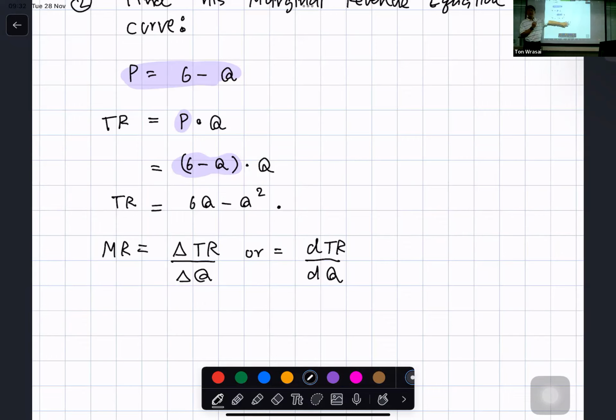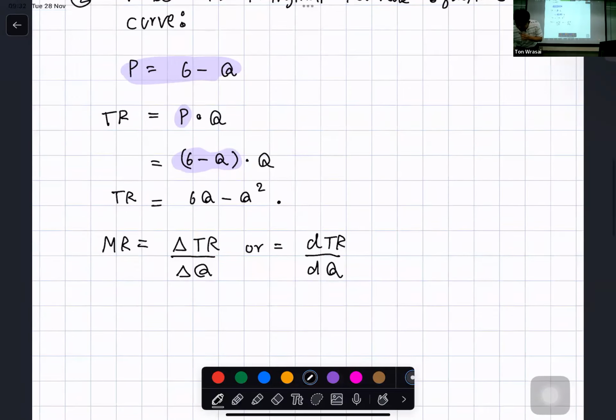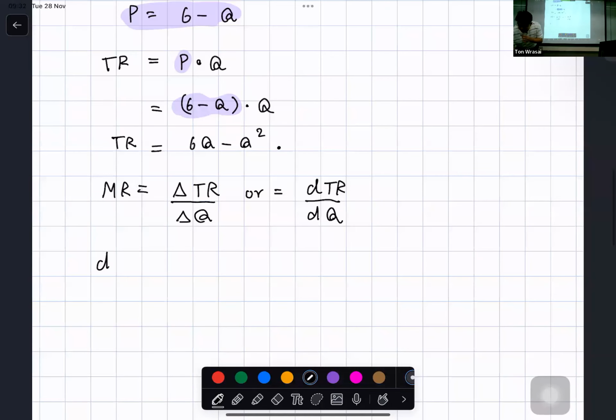This mathematical operation says, please differentiate this TR with respect to Q. Okay, let's do it.